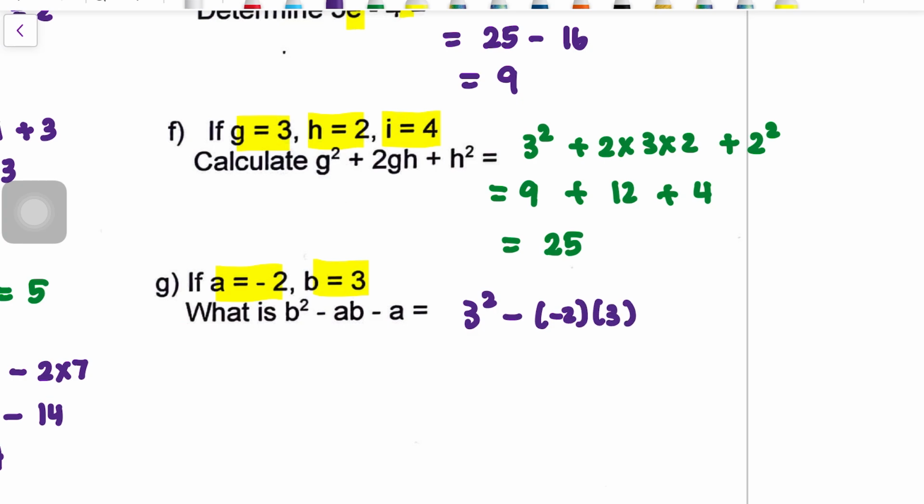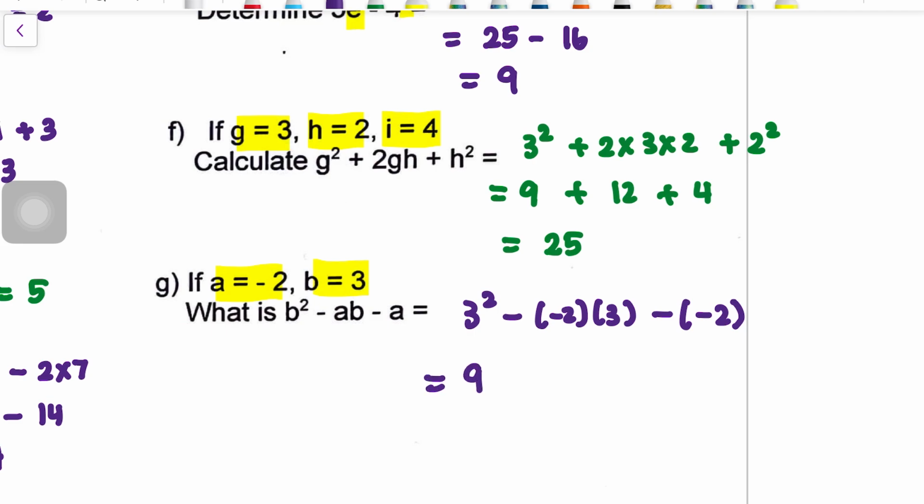So I deliberately put them in brackets so you can see that they are multiplication. And then minus a means a itself is negative 2, so I'm going to put the negative 2. Usually, I just put negative numbers inside the brackets, okay, so that I can clearly see there is a negative number present. Okay, let's deal with this.